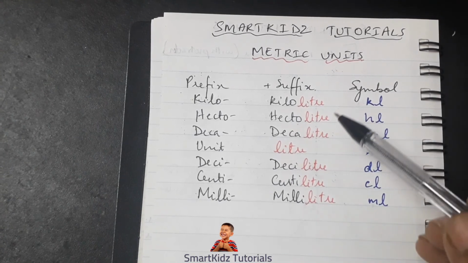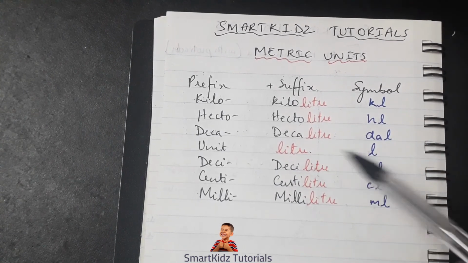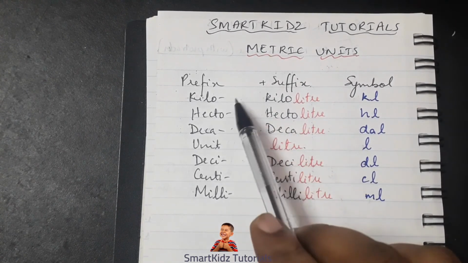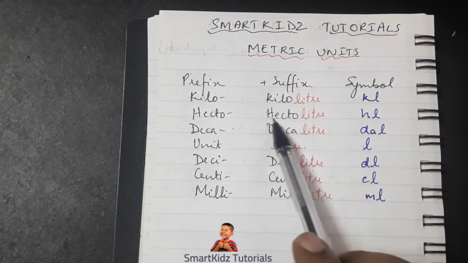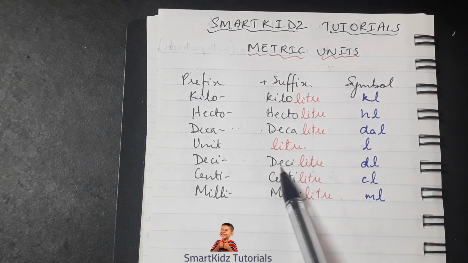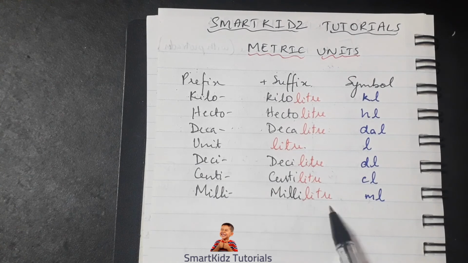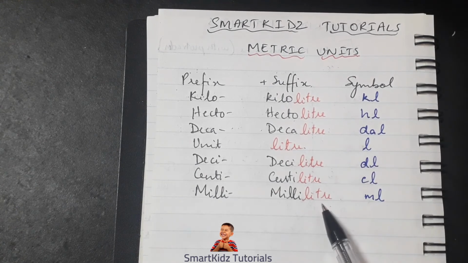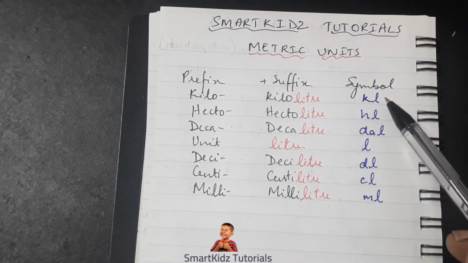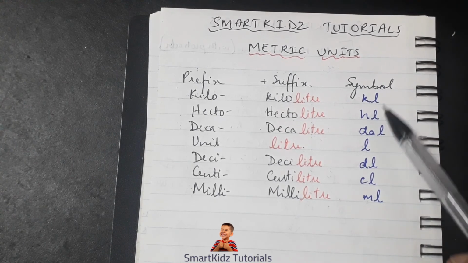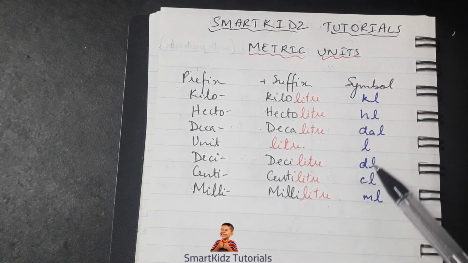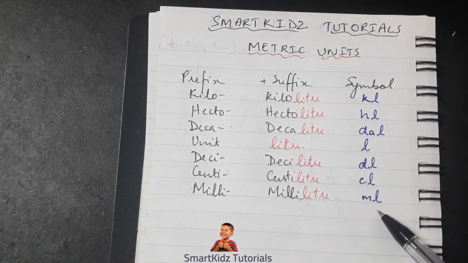Similarly, over here our unit is liter, which means now we will call it kiloliter, hectoliter, decaliter, deciliter, centiliter, and milliliter. Liters and milliliters are more common. You may have heard about them. We symbolize them as kL, hL, daL, L, dL, cL, and mL.